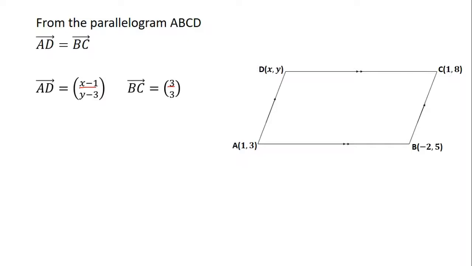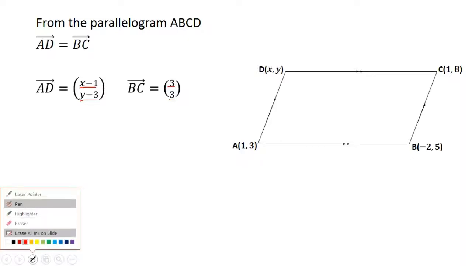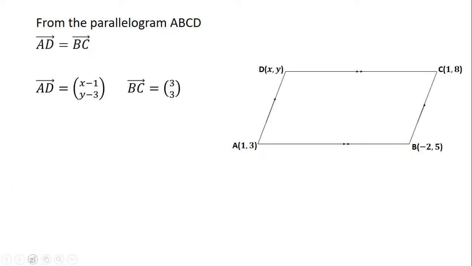And the y-coordinate of the first vector, which is y minus 3, will be equal to the y-coordinate of the second vector, which is 3. We can use this to find x and y. Because vector AD is equal to vector BC, then (x minus 1, y minus 3) is equal to (3, 3).